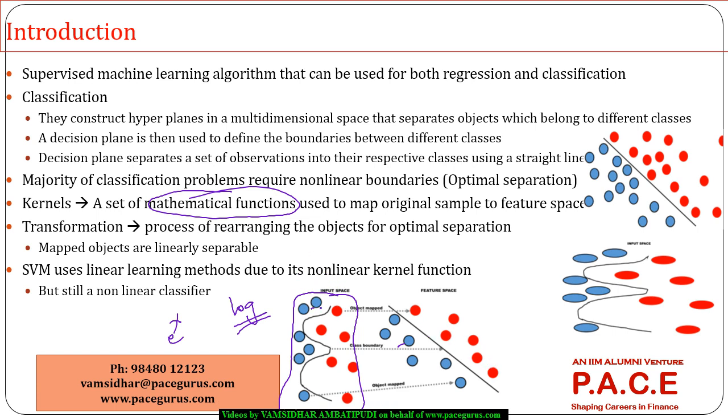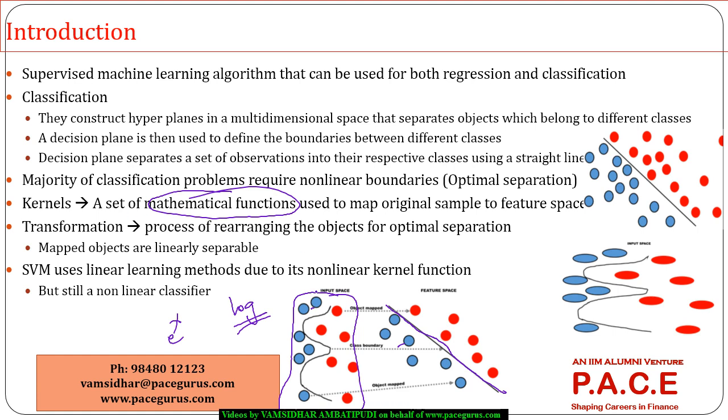So the input data, even though it has a non-linear relation, we can apply some set of mathematical functions on this data, which has a non-linear relationship between the classes. We are doing some kind of transformation, and because of this transformation, it's very much possible that I can create a linear boundary separation between the observations.